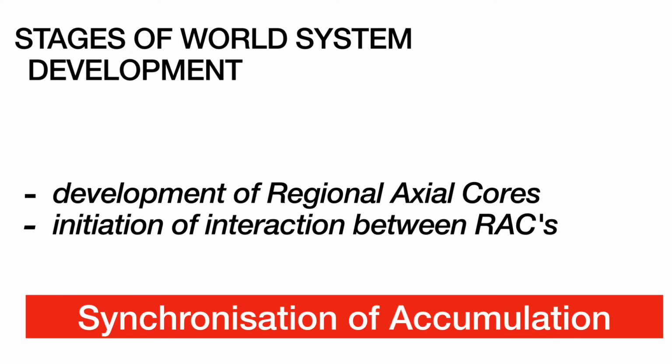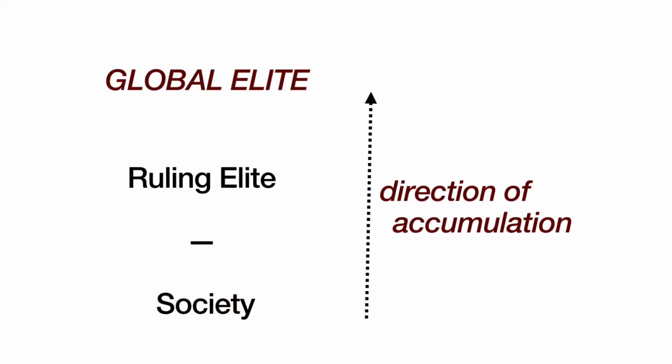So if these cores have the interaction capacity and the will to contact other civilizations, then something interesting begins to happen. Then these different cores, these different rotating wheels, they begin to synchronize and currents begin to flow between them, currents of trade and exchange, and you have the emergence of a world system.